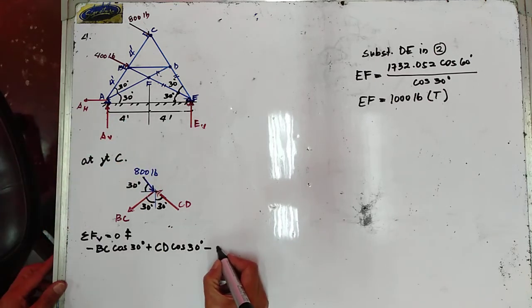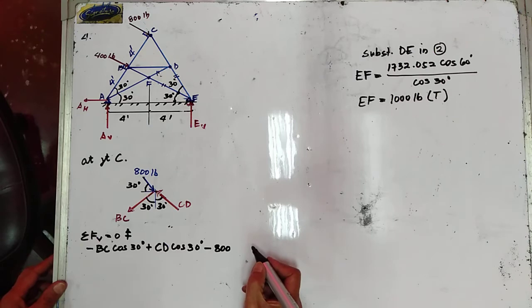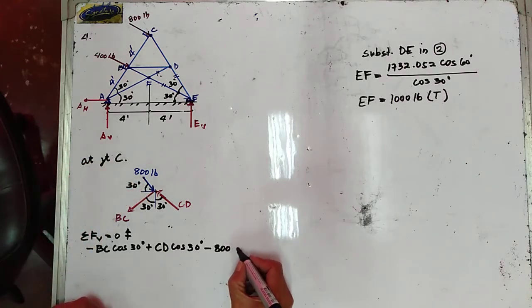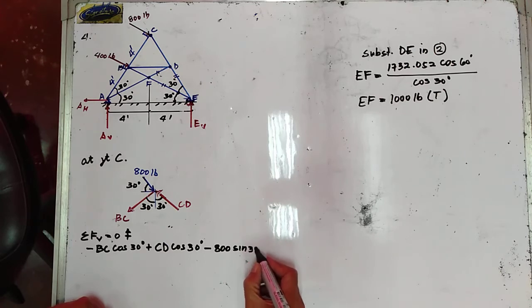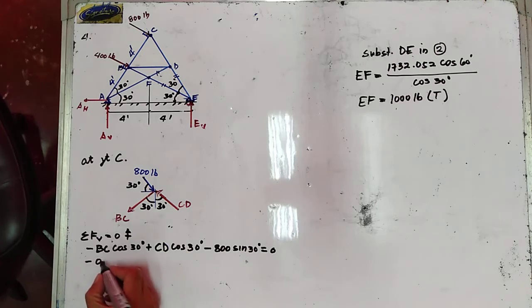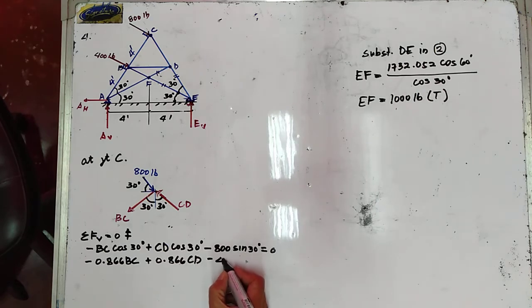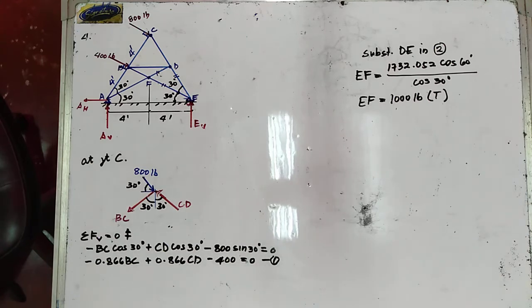Minus the vertical component of the 800 pounds, that is 800 sine of 30 degrees, because the 30 is included in the horizontal axis, is equal to 0. So minus 0.866 BC plus 0.866 CD minus 400 is equal to 0. So this is now our first equation.